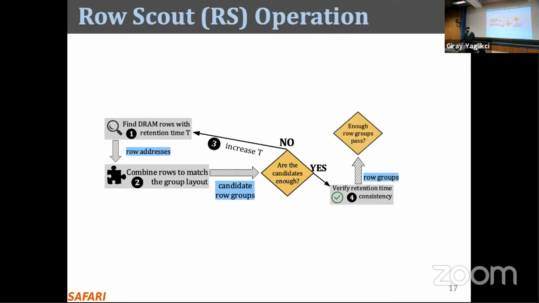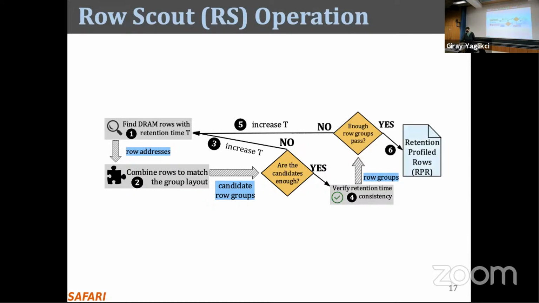If the number of retention time verified rows is not enough, Row Scout again returns to step 1 to search for more rows with increased retention time T. These steps repeat, as I explained, until Row Scout finds a sufficient number of row groups, and finally Row Scout outputs a list of retention time profiled rows to be used by the TRR Analyzer.